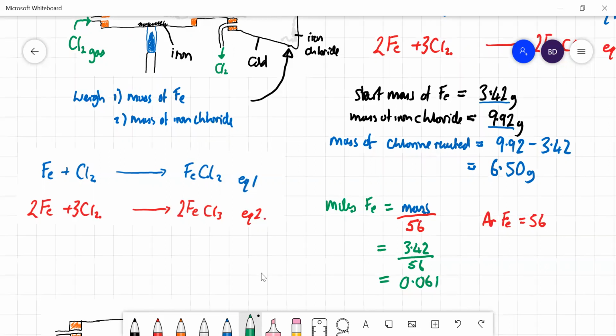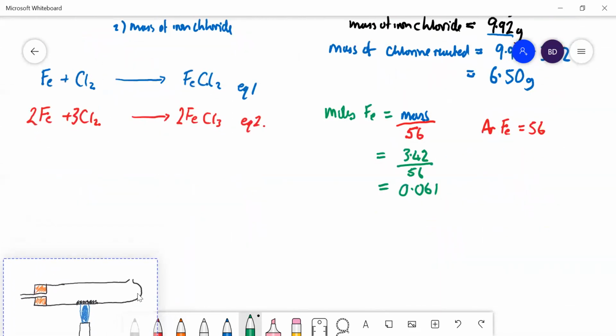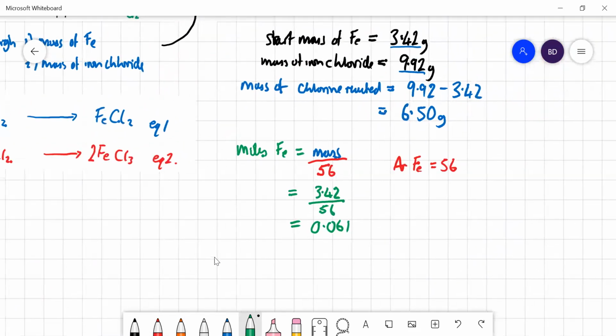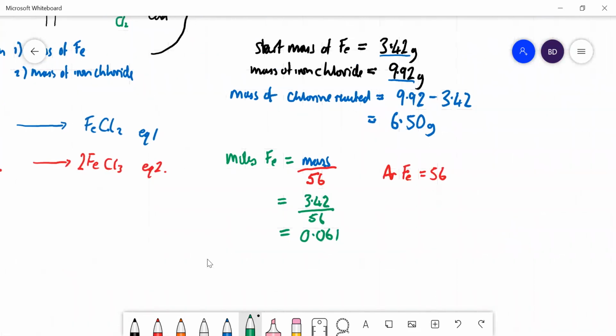Now let's work out our moles of chlorine. Moles of Cl2. Well, the Ar, the atomic mass of chlorine, is 35.5. So Cl2 is going to be double that, because it's Cl2, 35.5 times 2, 71.